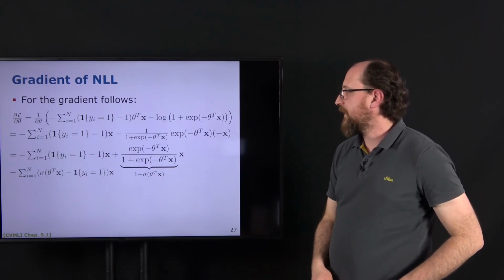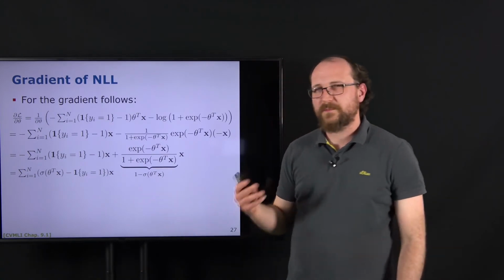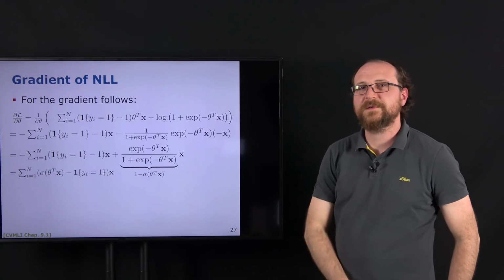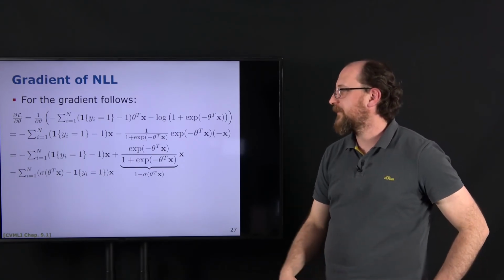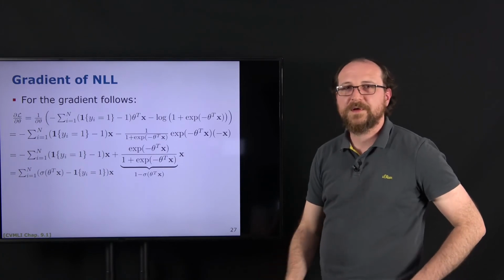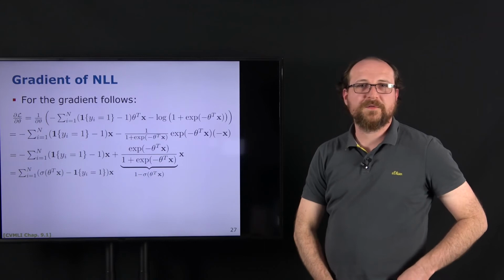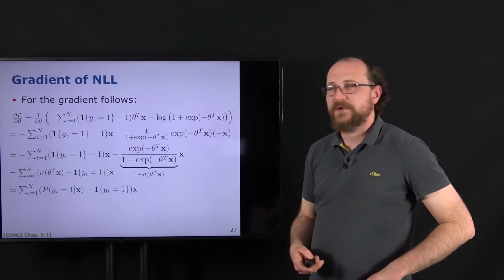With this, we just have this equation in the end. And when you remember how the probability was defined in the beginning, it turns out that this sigmoid of theta transpose x is just our definition of p of y equals 1.